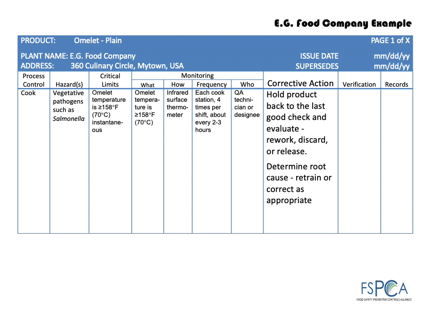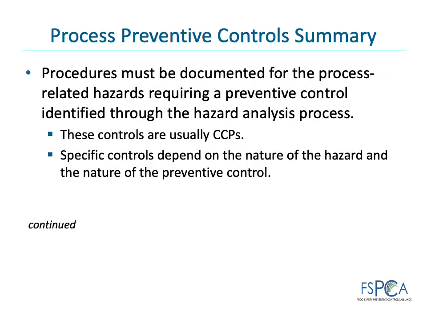If an adjustment is made before the temperature drops below the critical limit, no corrective action is needed. However, here the adjustment was not made until after the temperature dropped below the critical limit of 165 degrees Fahrenheit. Corrective actions must be taken: hold product back to the last time the temperature was above the operating limit, determine the root cause, and correct as appropriate. This information is recorded in the food safety records identified in the hazard analysis. The steps in this example can be applied to process preventive controls, which are frequently called critical control points. The corrective actions depend on the nature of the hazard and the nature of the preventive controls.